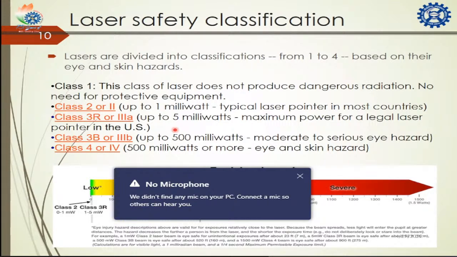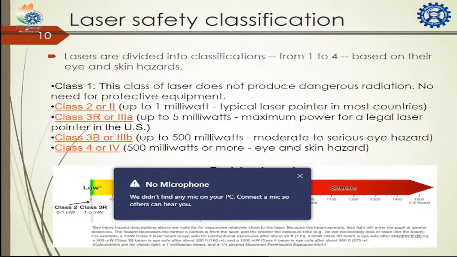The class 3R lasers produce power up to 5 milliwatts, the maximum power for a legal laser pointer in the United States. This type of laser is generally used for various applications also. Class 3B produces up to 500 milliwatts, with moderate to serious eye hazards. Class 4 is 500 milliwatts or more, with eye and skin hazards.